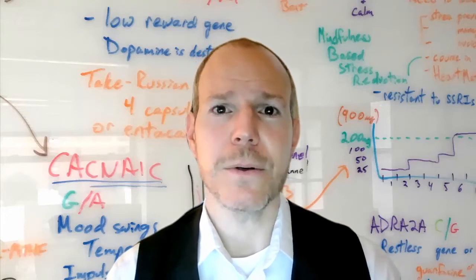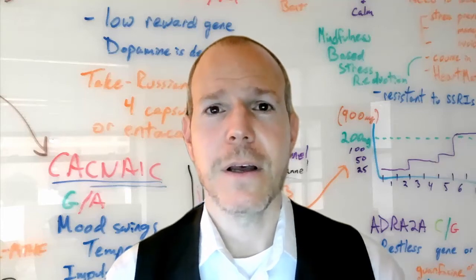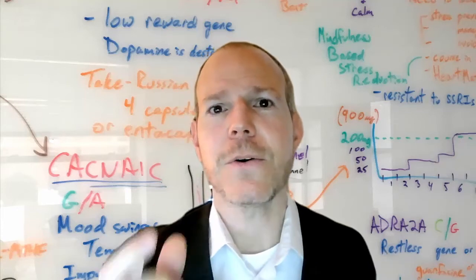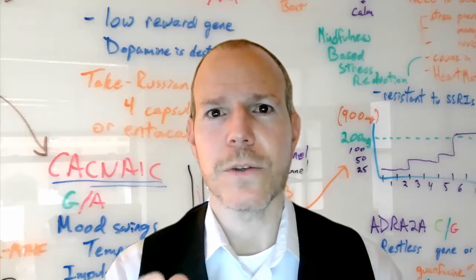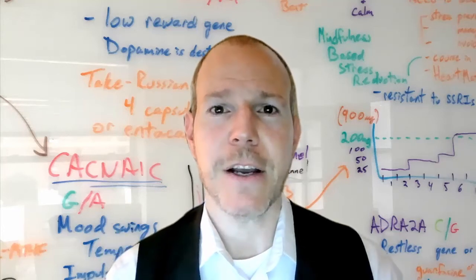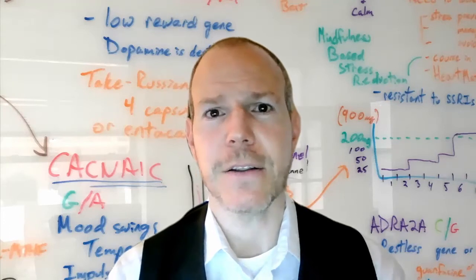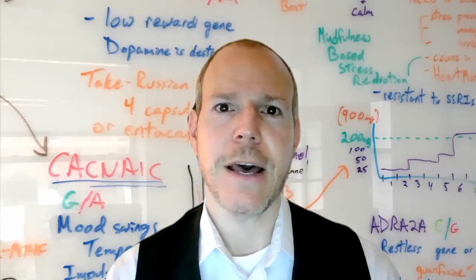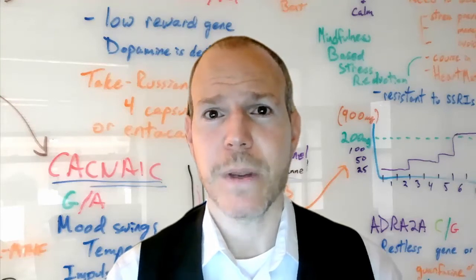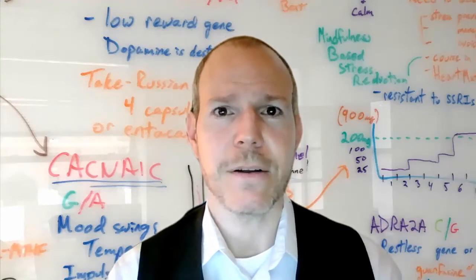Well, Depakote, or divalproex, affects how the sodium channel works in the neuron. So there's something sort of elegant about having a gene that's affecting the sodium channel system and then having a medication that treats that problem. They sort of go together.